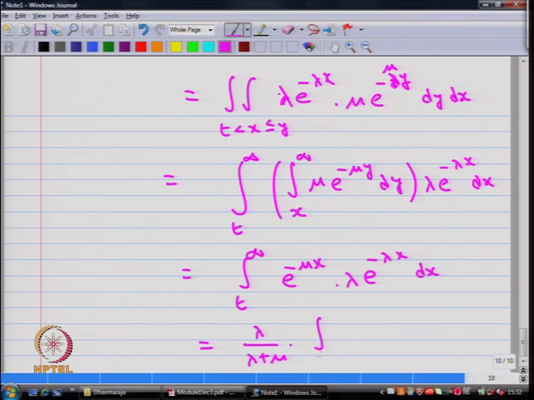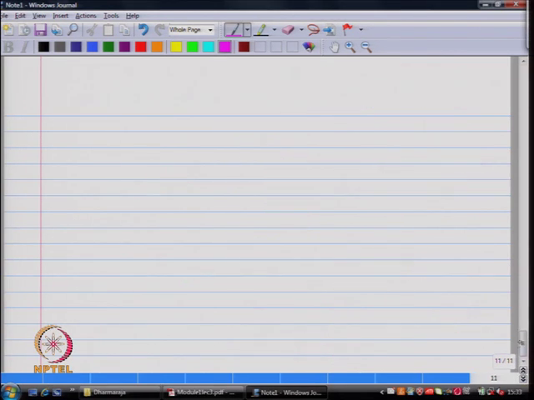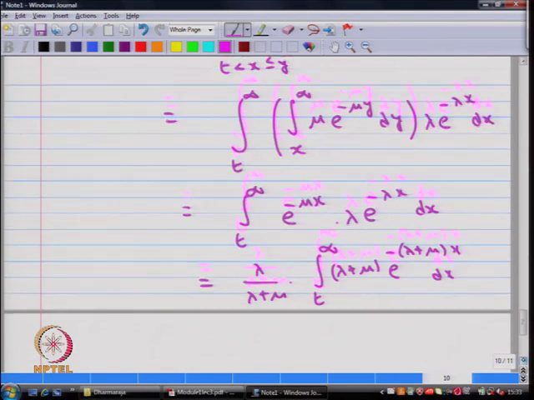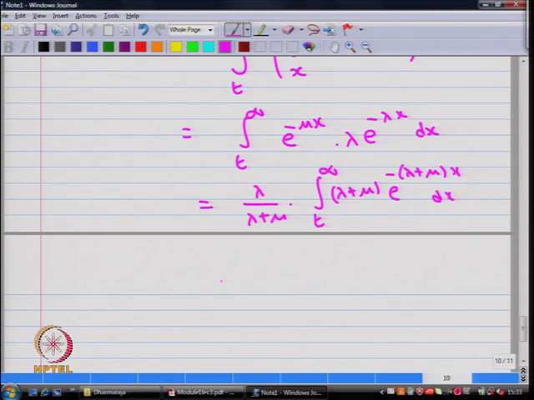This becomes integration from t to infinity of lambda plus mu times e power minus lambda plus mu x dx. You know how to do the integration for this. If you simplify, you will get the answer, that is lambda divided by lambda plus mu times e power minus lambda plus mu times t.